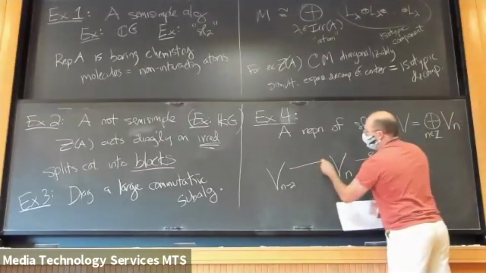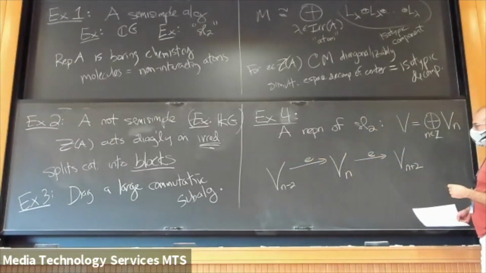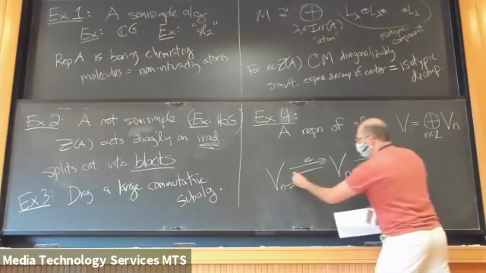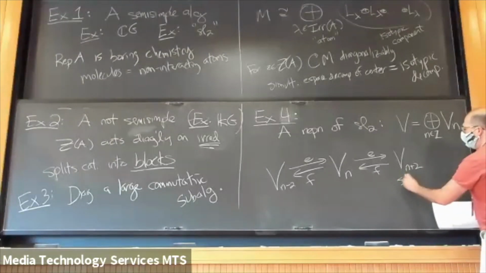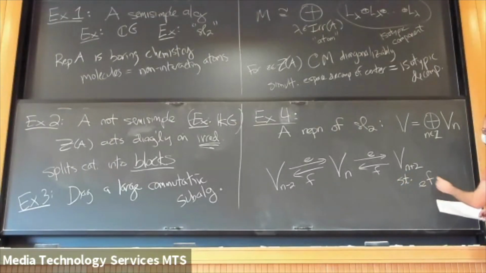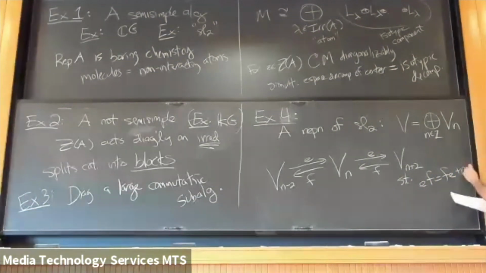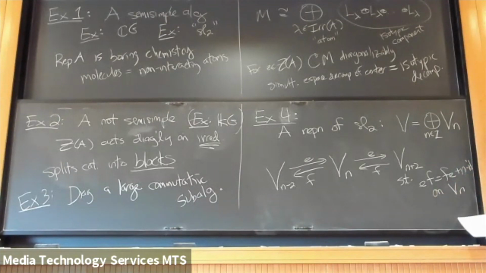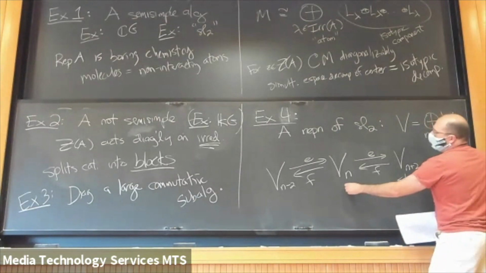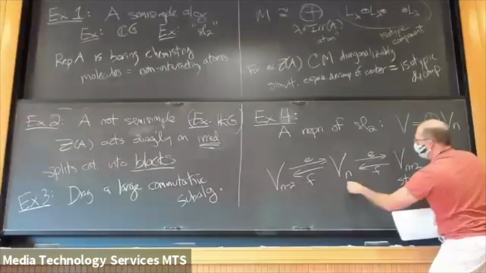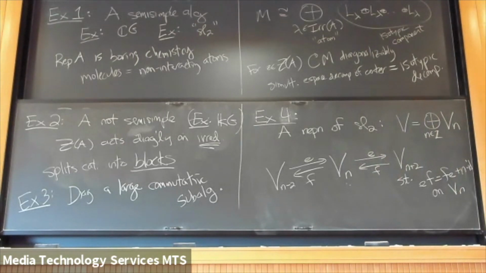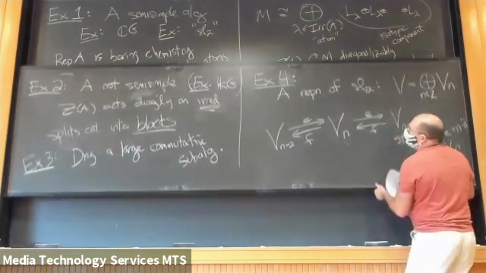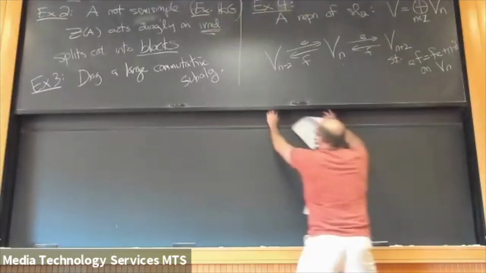And there's also a map from Vn-2 to Vn called E. There's a map backwards called F, and these satisfy a relation, namely EF is equal to FE plus n times the identity on Vn. So that if I start here and I go EF minus FE, I'm just multiplying by n for each n. That is probably familiar to most of you.